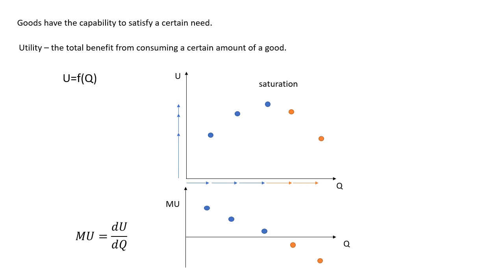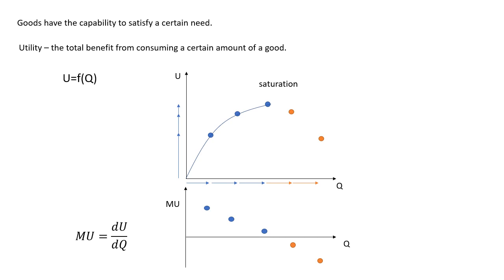Consuming another glass of water will do even more harm, and the marginal utility will be negative, but higher in absolute terms. So this is the point when we cannot really call the water a good anymore because it doesn't do any good. We refer to it as a bad or harmful good.